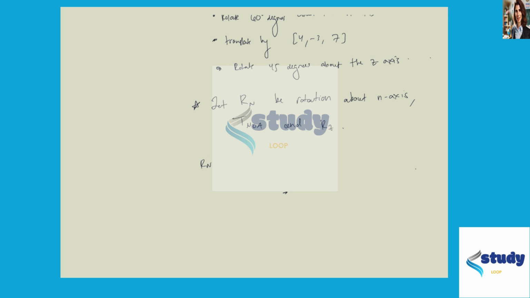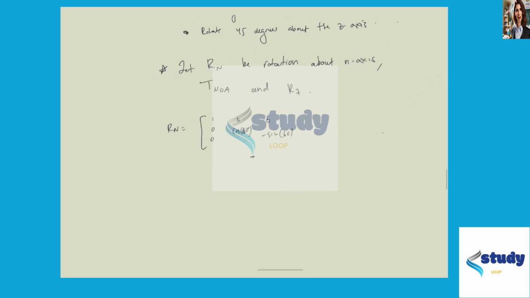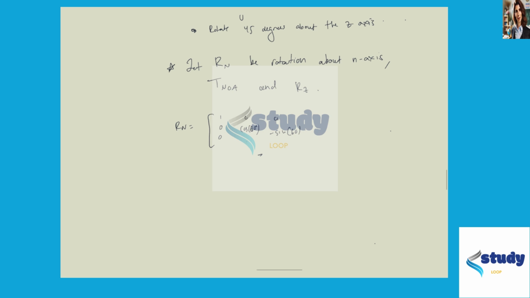We can say that R of n is going to equal 1, 0, 0; 0, cosine of 60, negative sine of 60; 0, sine of 60, cosine of 60.